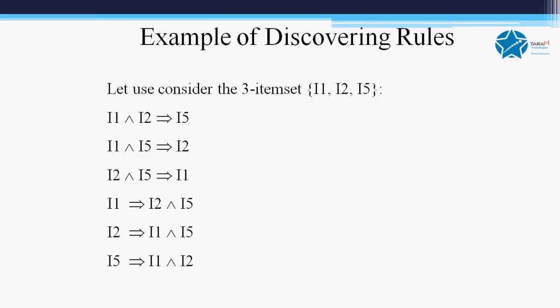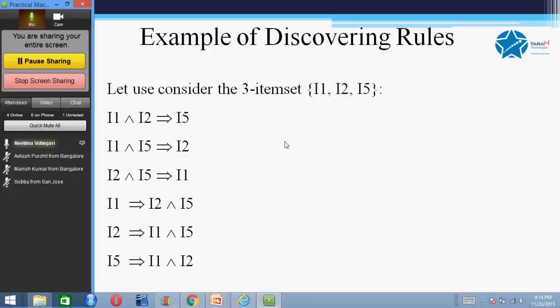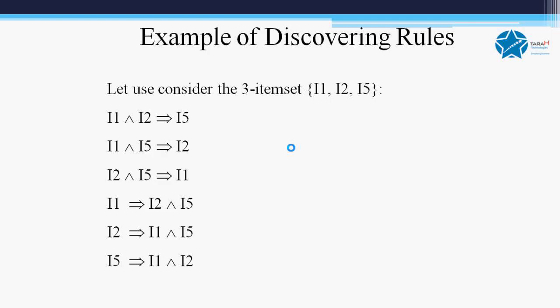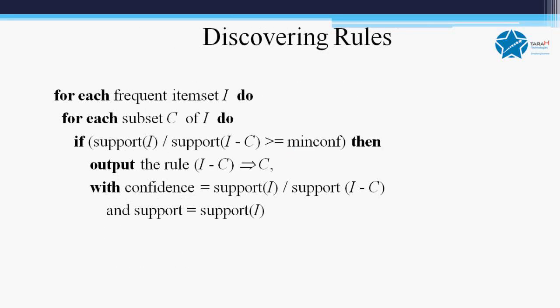Here the kinds of rules you can create are I1 and I2 implies I5, I1 and I5 implies I2, I2 and I5 implies I1, I1 implies I2 and I5, and so on. But what allows you to discover which of these is going to be output is this: only if the confidence is greater than min conf will you output the particular rule like I minus C implies C.